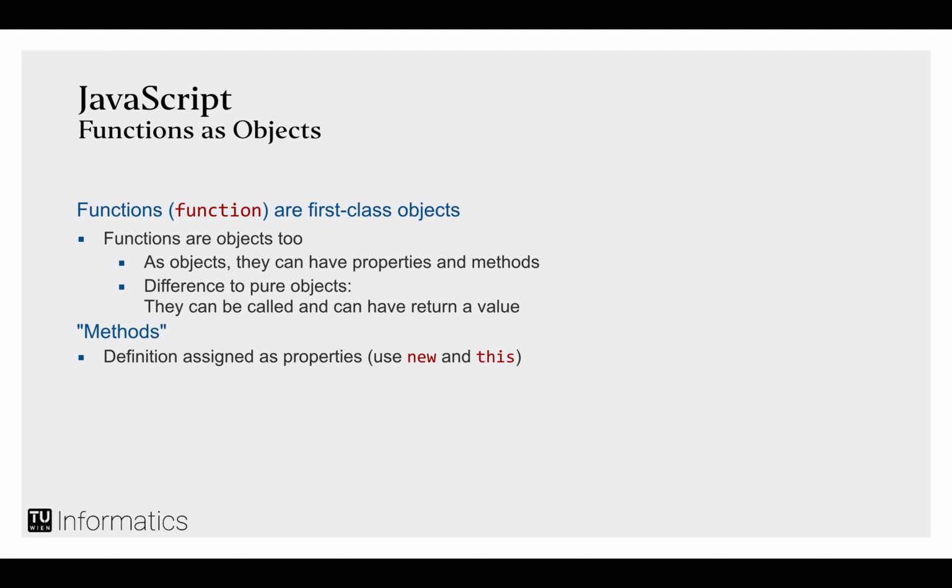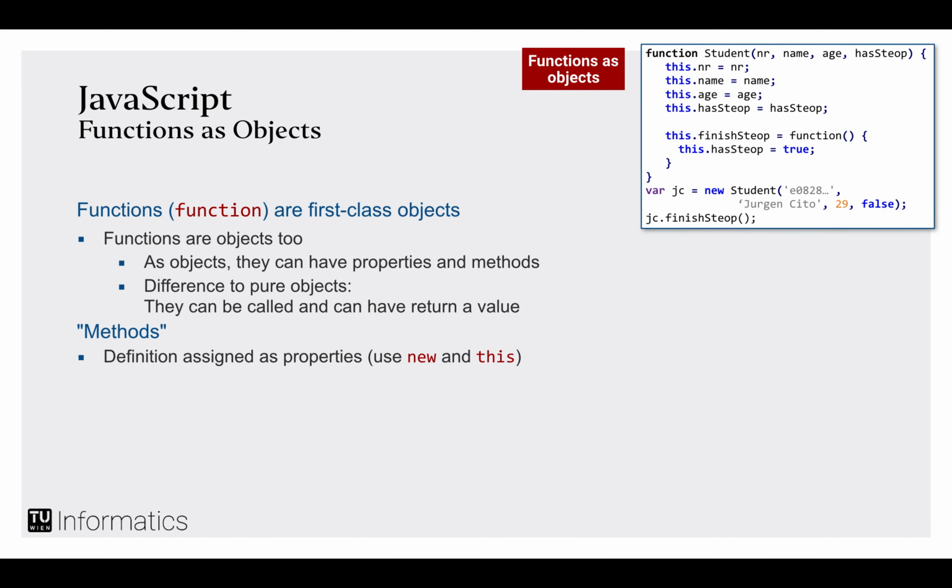And last but not least, I want to talk about functions as objects, because this is a way for JavaScript, even though it's not a pure object-oriented language, to allow something that is similar to what you know of objects and classes. So what you can do is you can have a function, and then the function has the this keyword, and with that you can basically define keys of an object, because functions in itself are represented as objects in JavaScript.